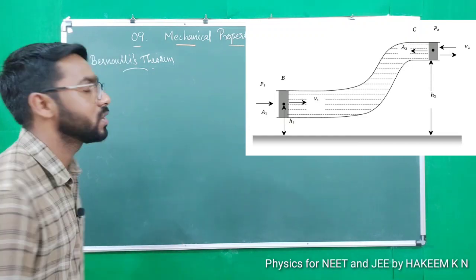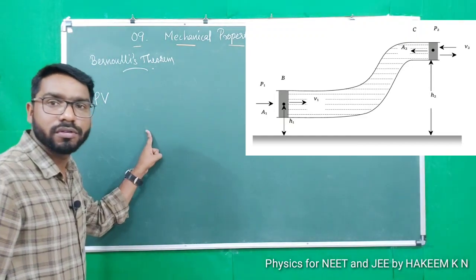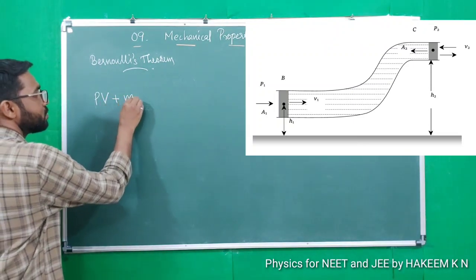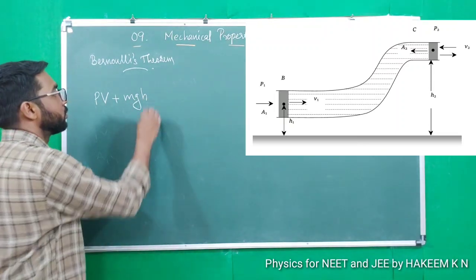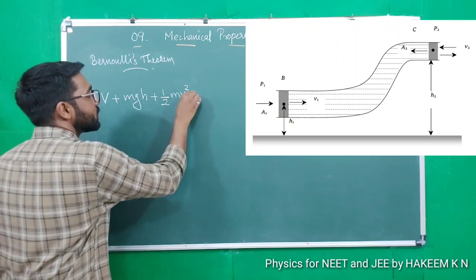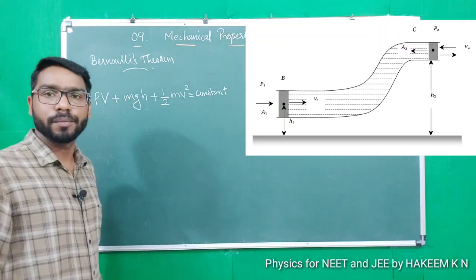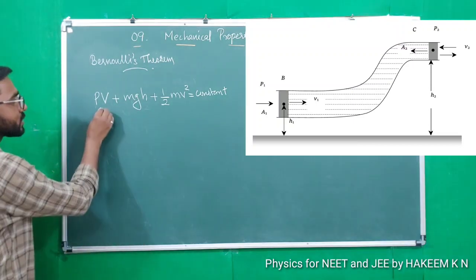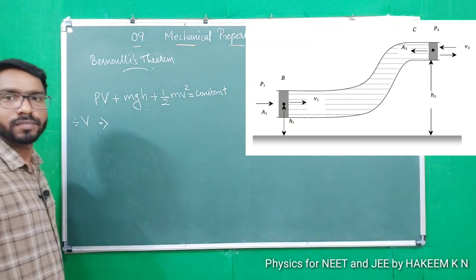So we can say PV is the pressure energy of the liquid particle, pressure into volume, plus mgh, the potential energy, plus half mv square, the kinetic energy of the liquid flow. This should be constant.